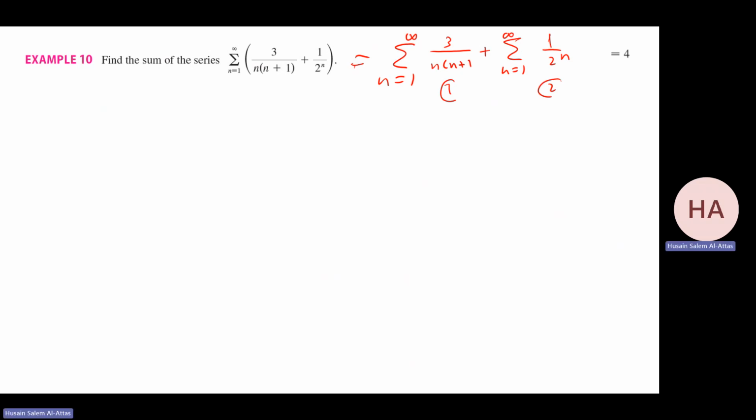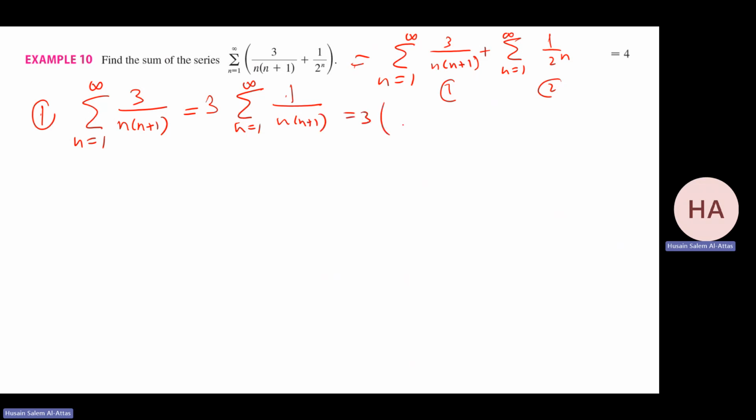Okay. So for 1, I need to do this summation, 3 over n plus 1. I can take the 3 outside. That will not make a difference. I have 1 over n plus 1.